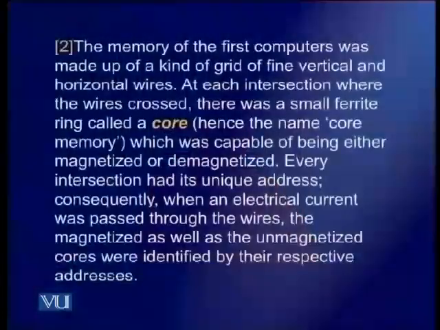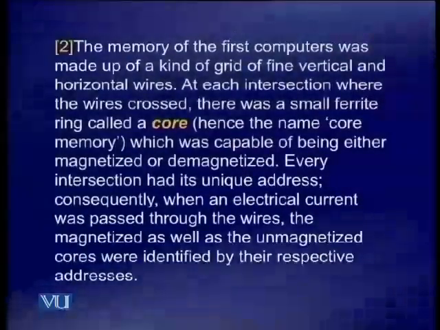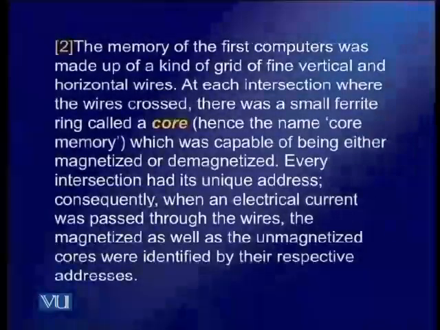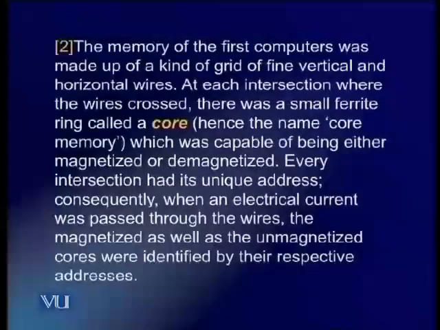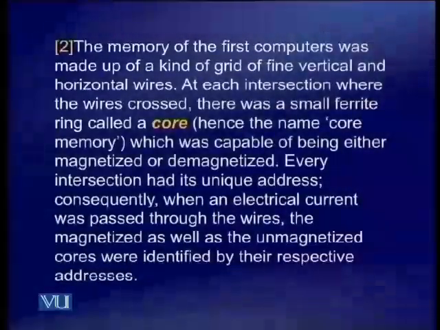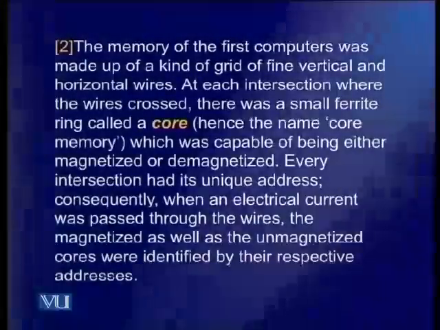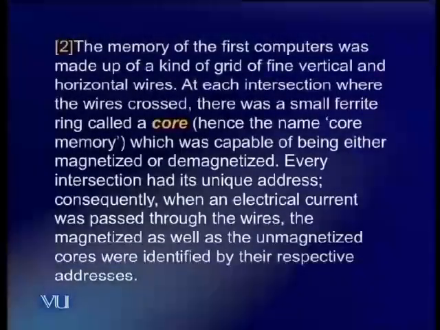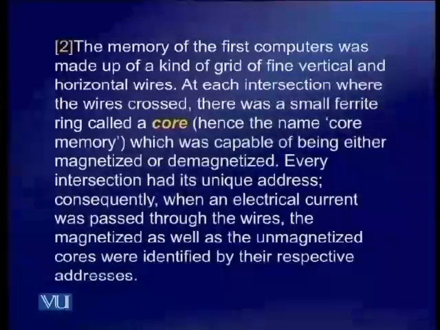The memory of the first computers was made up of a kind of grid of fine vertical and horizontal wires. At each intersection where the wires crossed, there was a small ferrite ring called a core. Hence you have the name core memory, which was capable of being either magnetized or demagnetized.